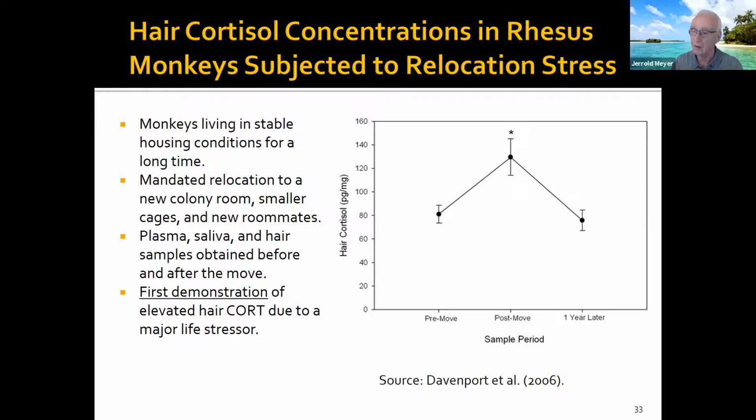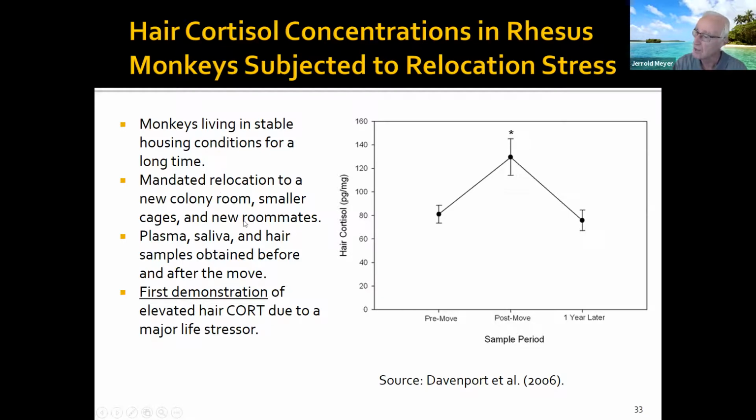But they can also communicate with each other. It's mesh cages. They vocalize, they threaten, they can bark, show their big teeth, and so forth. So there's a lot of behavioral interaction going on between animals in the same room.